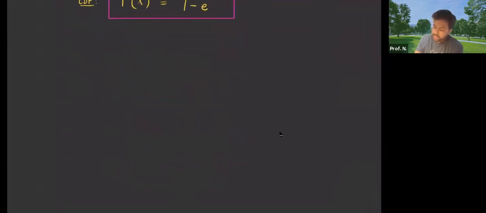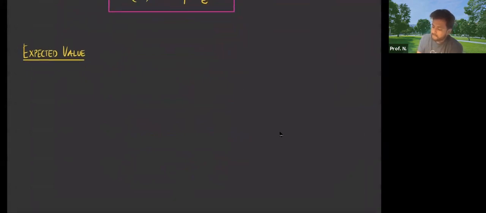And we also talked about the expectation, or the expected value. And the expected value, we found that to be 1 over lambda.